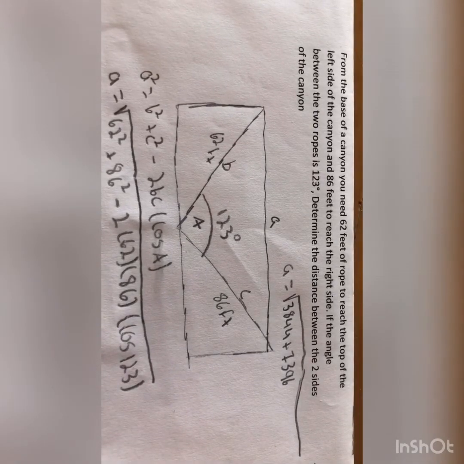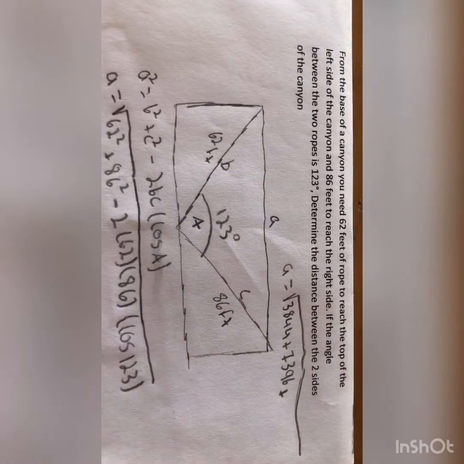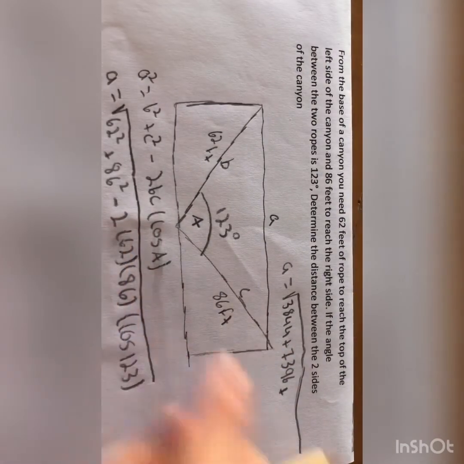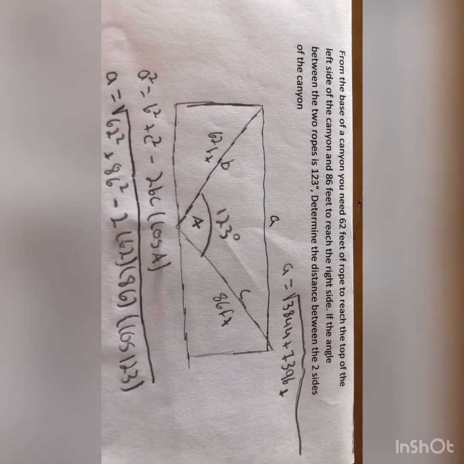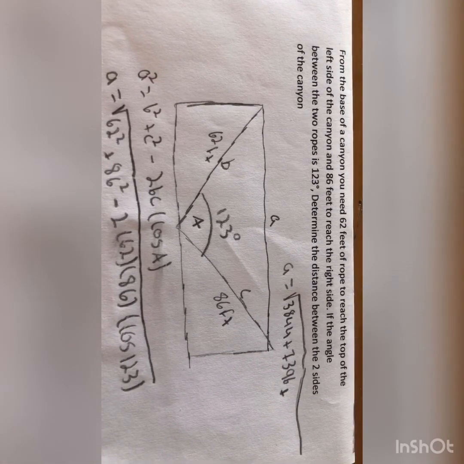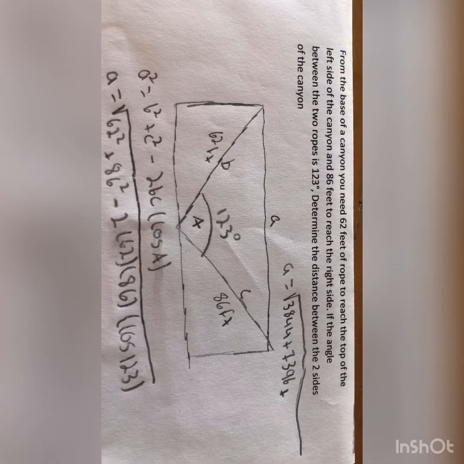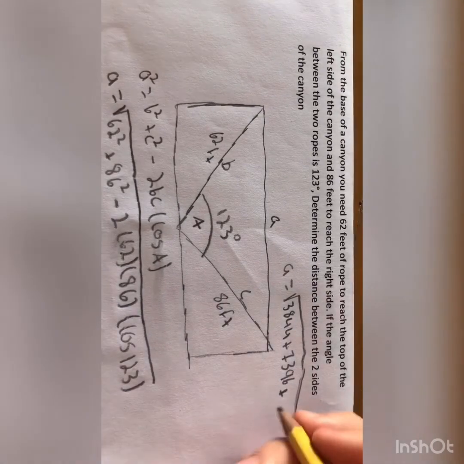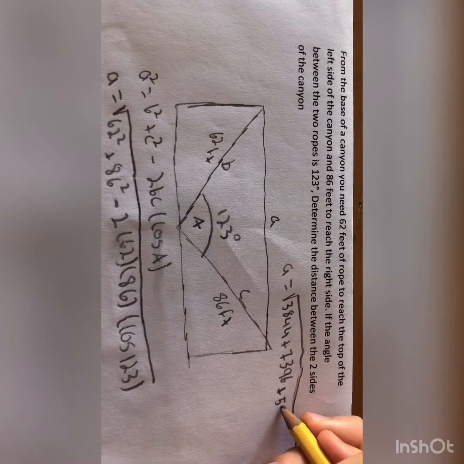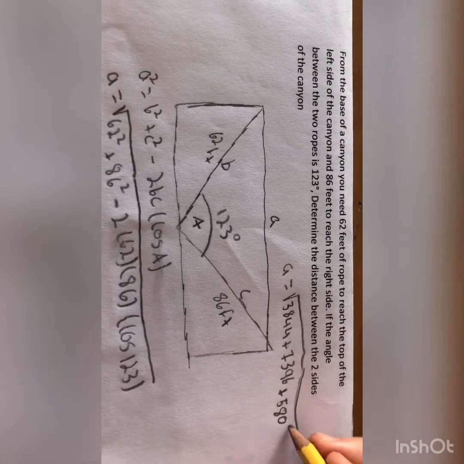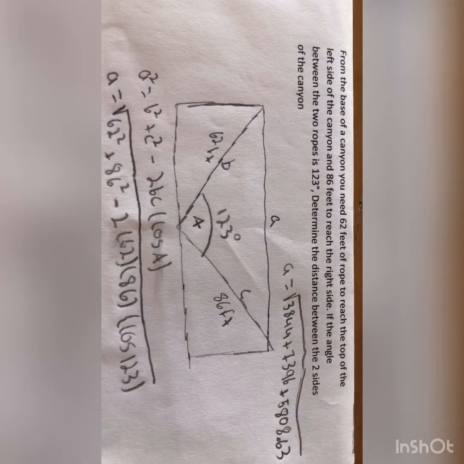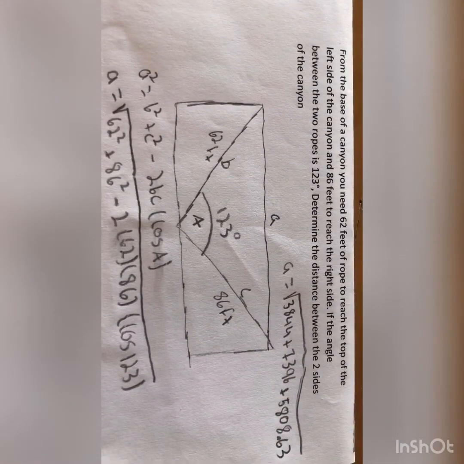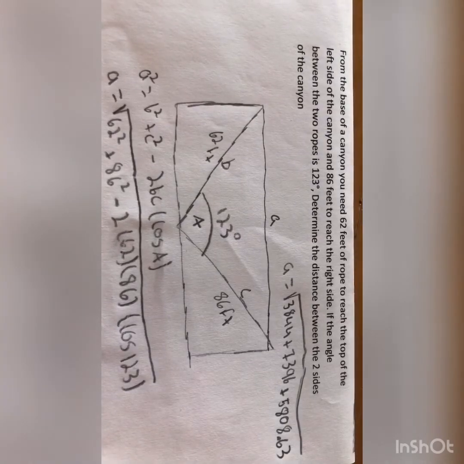So here it's going to be plus, because negative times negative is positive. Then it would be 5,808.63. That's what we get by multiplying times cosine.